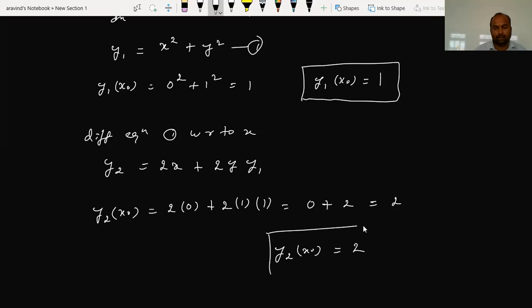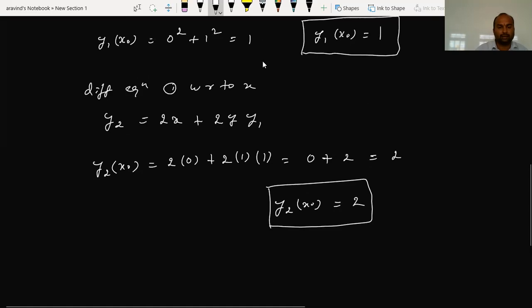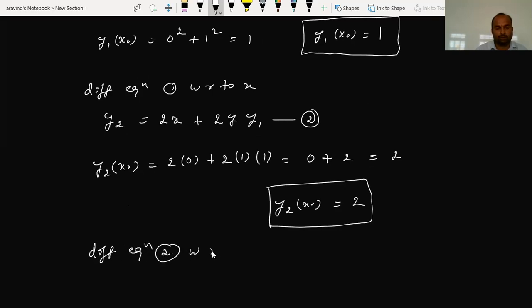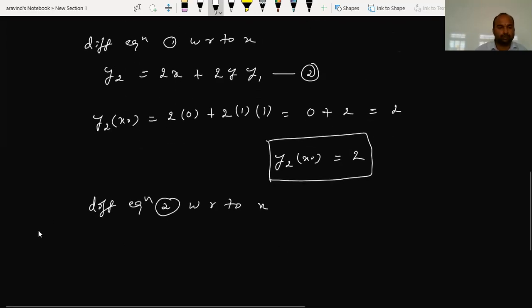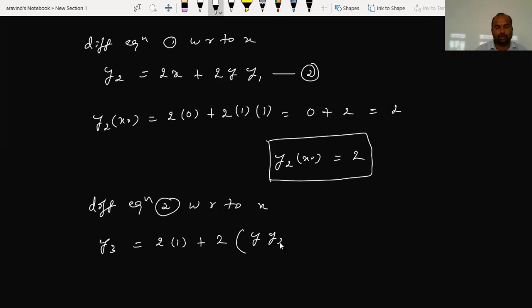The second derivative at x naught is given by this. So again, now you take this as equation 2 and differentiate equation 2 with respect to x. So y2 derivative will be y3 and 2 into x derivative is 1. 2 into, here we have to apply the UV rule. 2 into y into y1, derivative is y2.